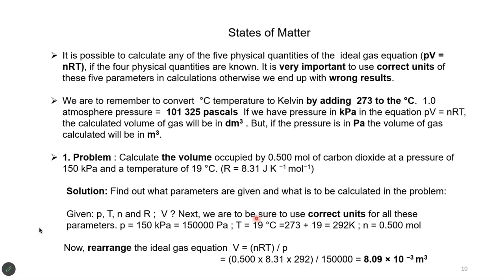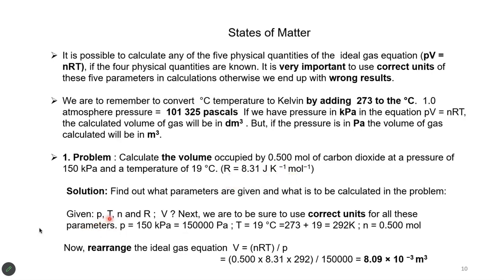So in the problem, 0.5 mole of carbon dioxide gas is given, and the pressure is given. We are asked to calculate the volume. The pressure is given, temperature is given, number of moles is given, and the gas constant is given.